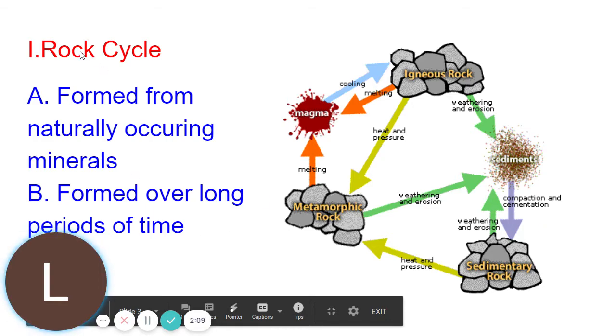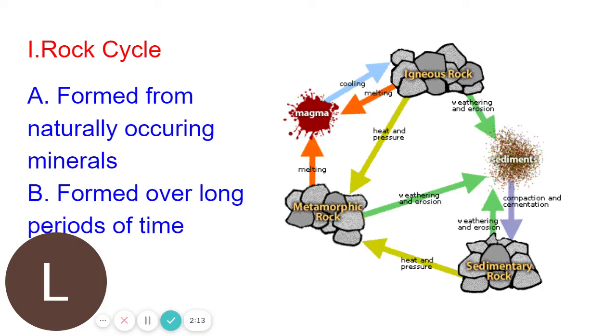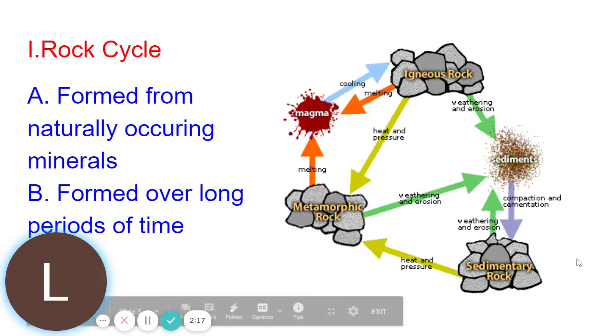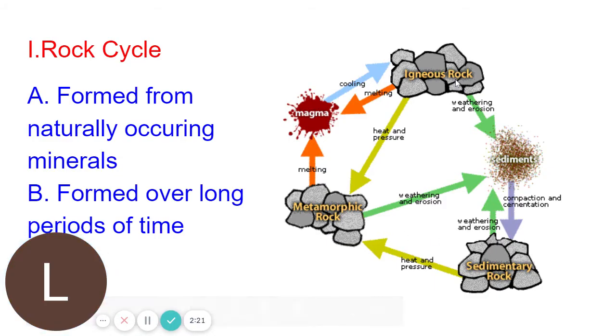So what happens, right? These minerals are naturally occurring compounds that are on our earth. They're naturally occurring, and they make rocks through a bunch of different processes, but we have three main types of rock. Igneous rock, which comes from magma being heated or cooled.